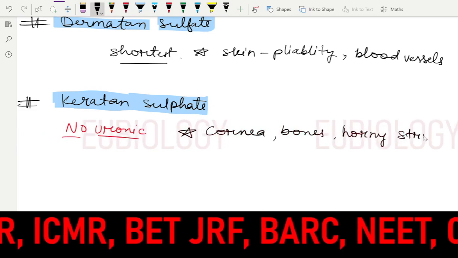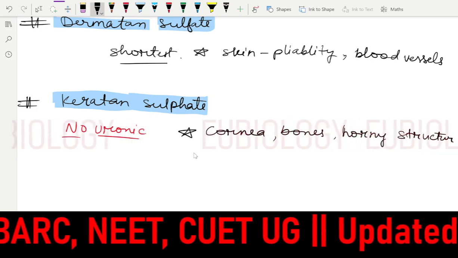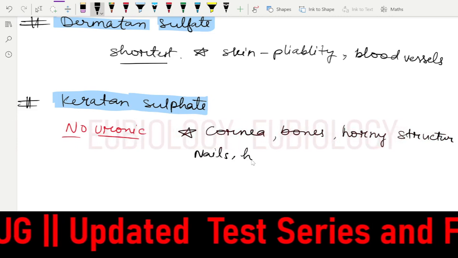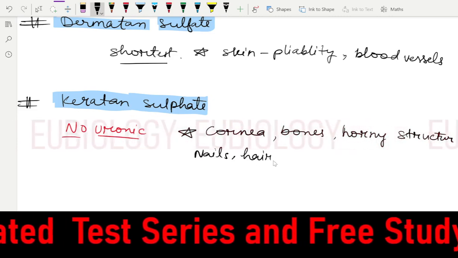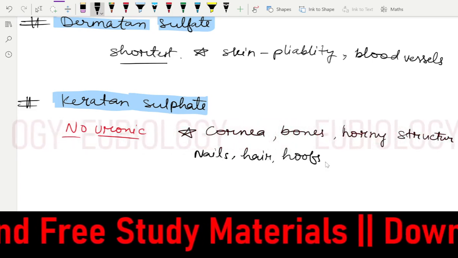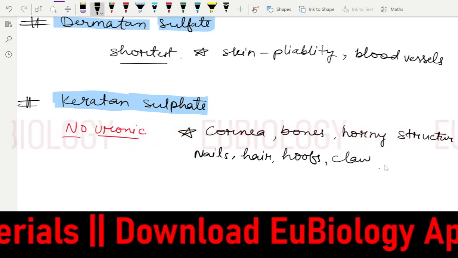Wherever the structure is horn-like. Now you can write nails, hair, hoof, and all these things. Okay, and claws. So this type of structure will be there.